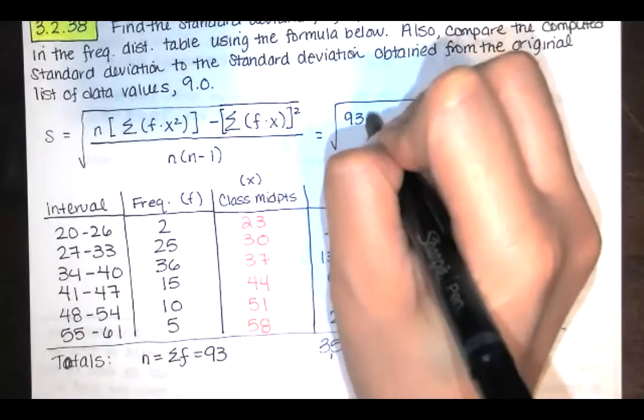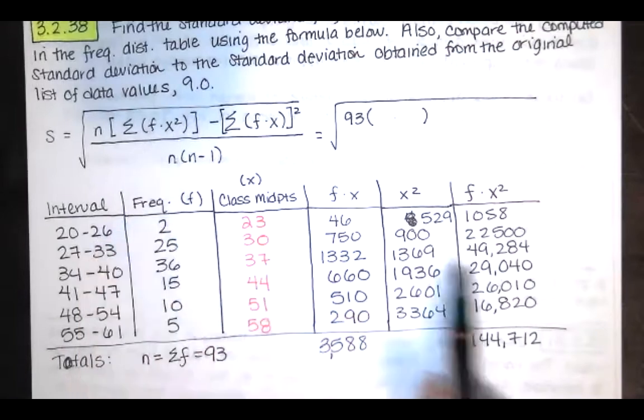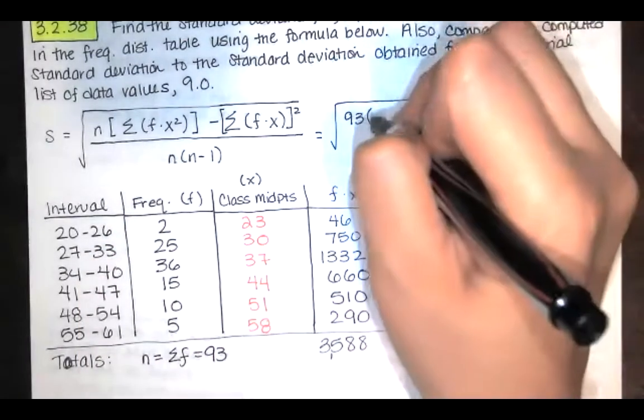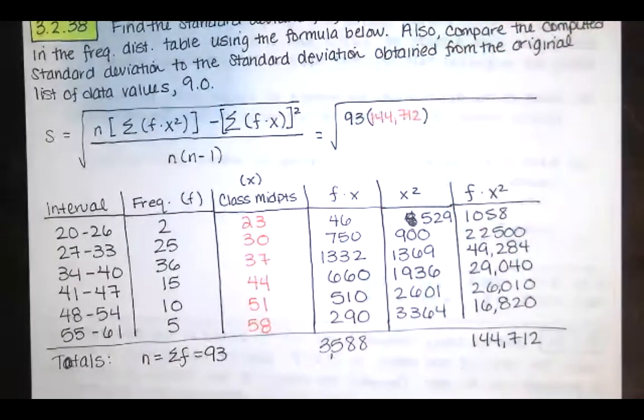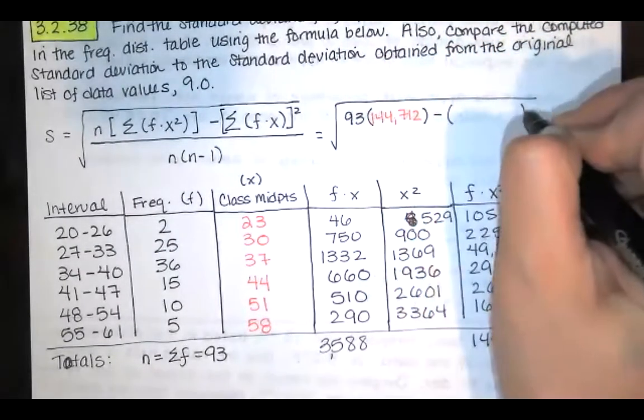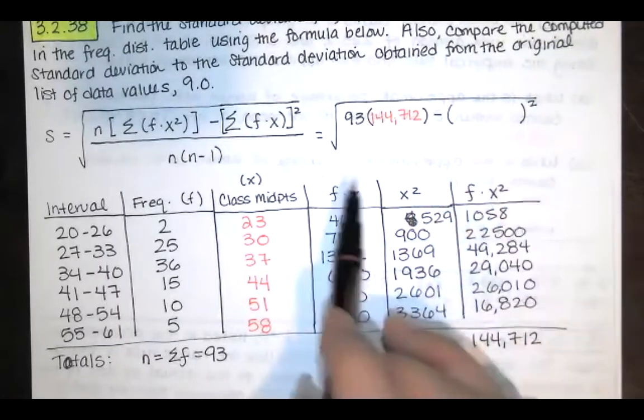I've got 93 times the sum of the frequencies times x squared, which is this, 144,712, minus the sum of the x's squared. That's normally the sum of the x's squared.